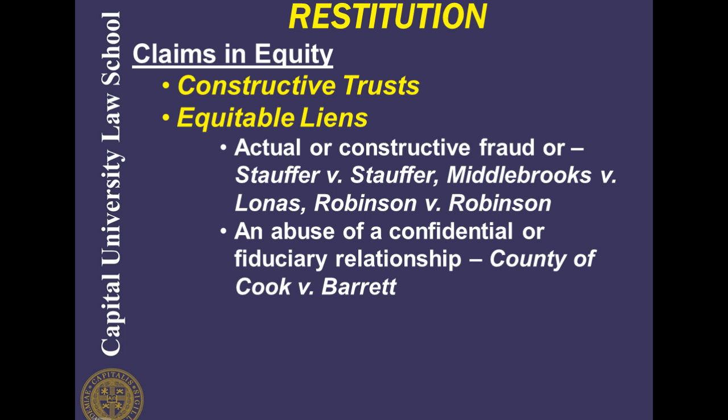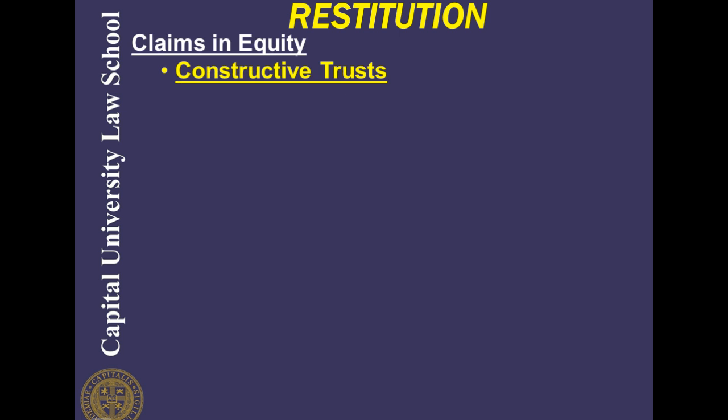This is played out most explicitly in County of Cook versus Barrett, where Barrett takes bribes from various contractors contracting with the county, and the county then sues Barrett to retain the funds that Barrett had been given in these bribes, finding that he had abused his confidential or fiduciary relationship that he owed to the county in not taking the bribes and not awarding the contracts to those who were bribing him. That's an explicit case, and you can see how it plays out in that case.